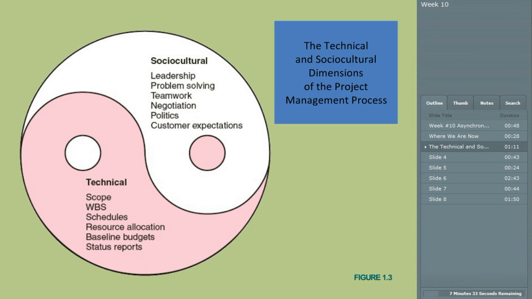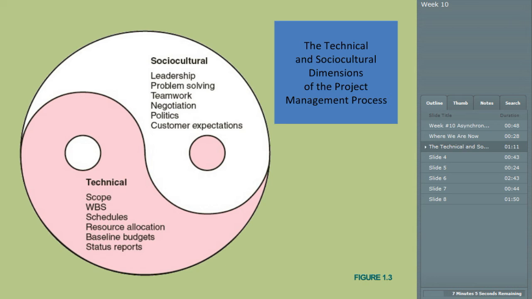You may remember this slide from our first week in which we talked about project management being a managerial process that involves both technical and socio-cultural aspects. We've been spending the last 5 or 6 weeks looking at all the technical aspects of project scope, work breakdown structures, scheduling, resource allocation, baseline budgets, and we just wrapped up status reports this week.